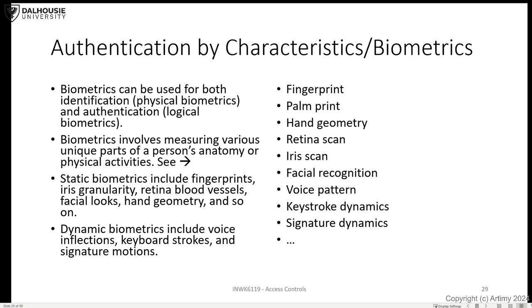This is where things get confused between whether it's biometrics or whether it's something you do, right? This is where both techniques overlap. Is your signature a biometric, or is it something that you do?